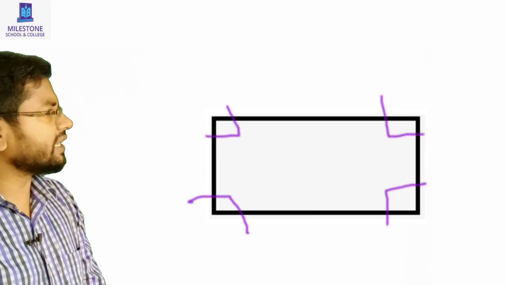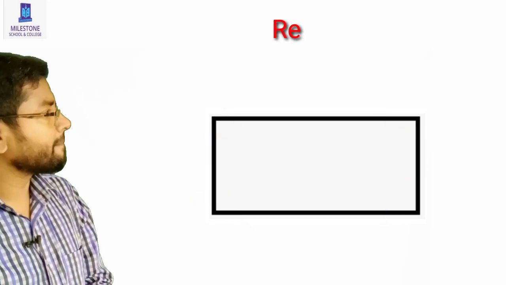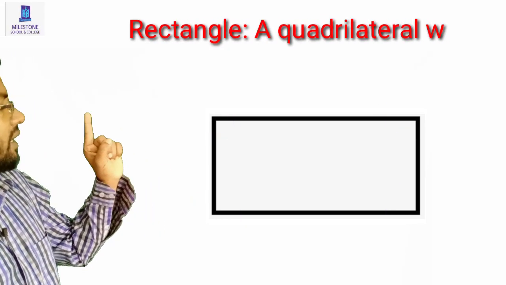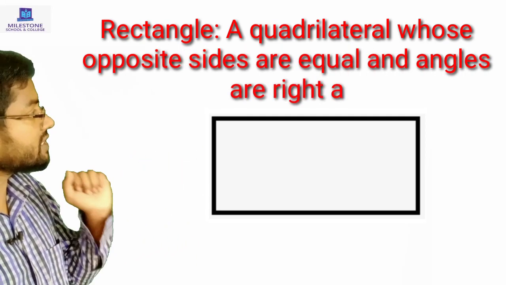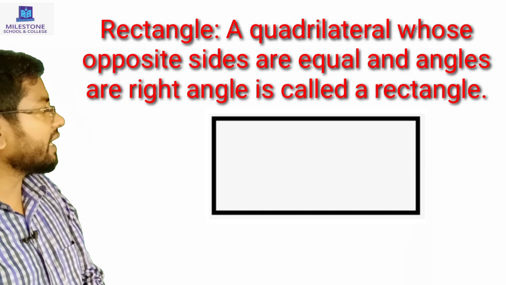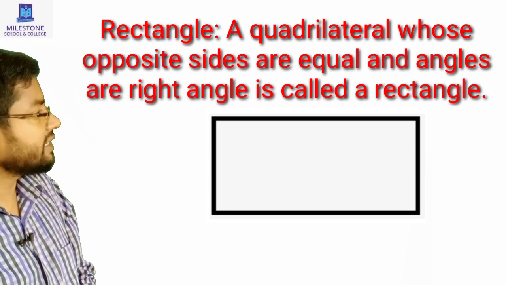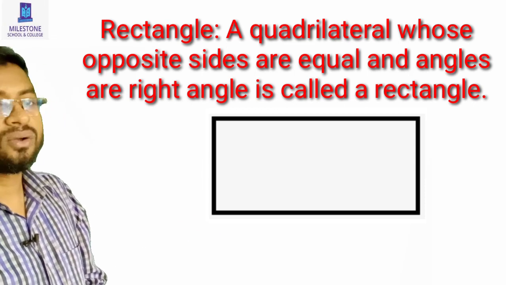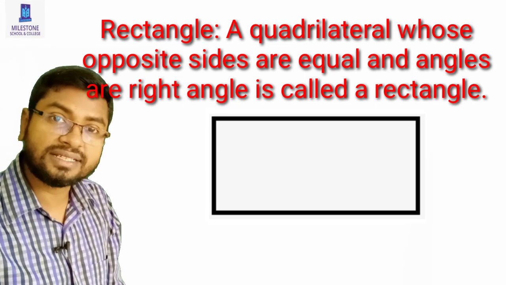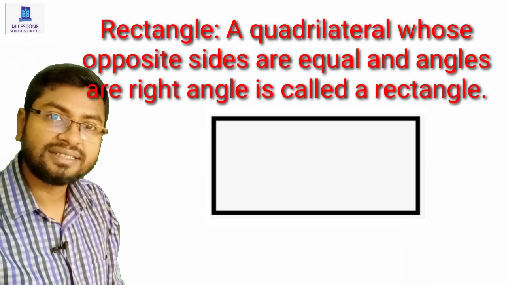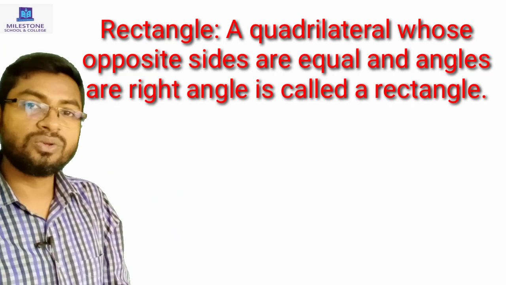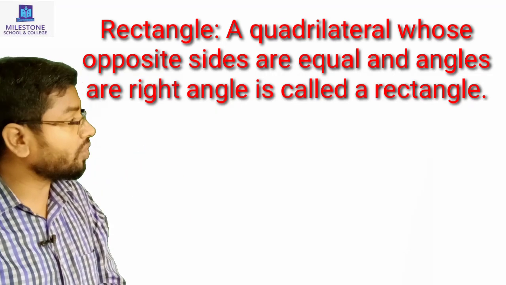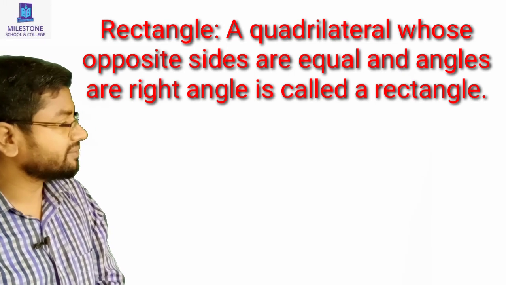So we can tell the definition: a quadrilateral whose opposite sides are equal and angles are right angles is called a rectangle. So now we will learn how to draw a rectangle.